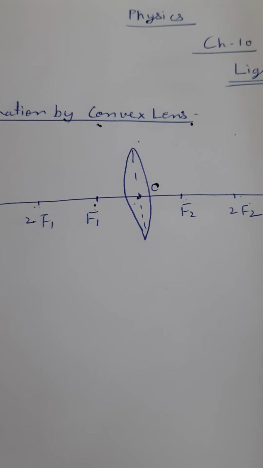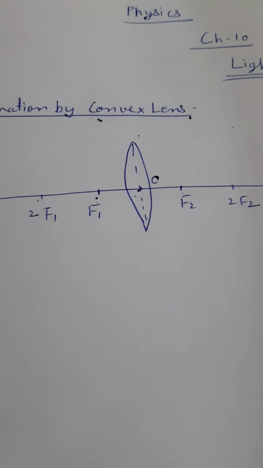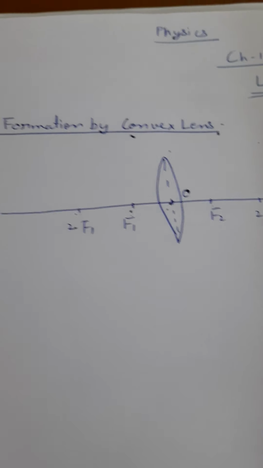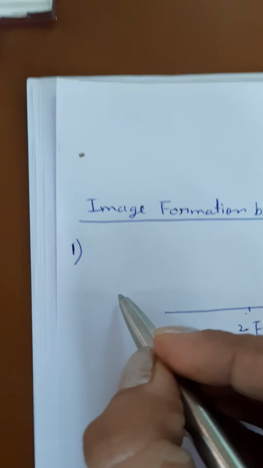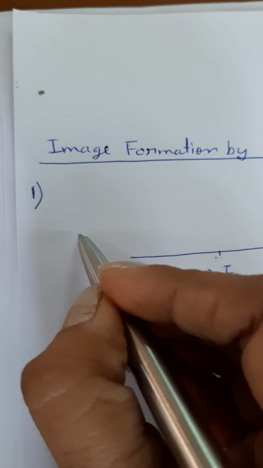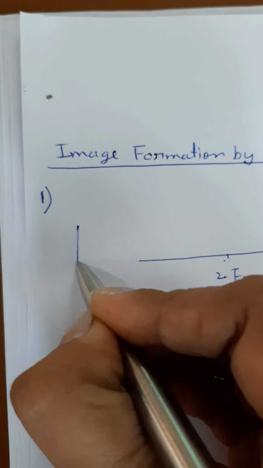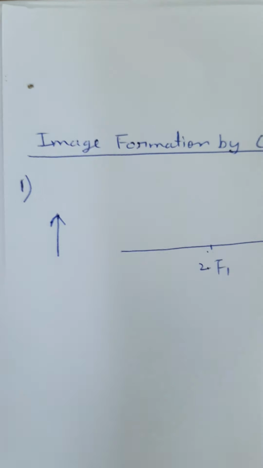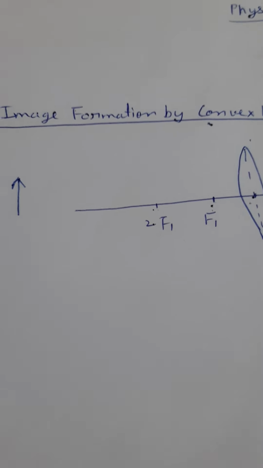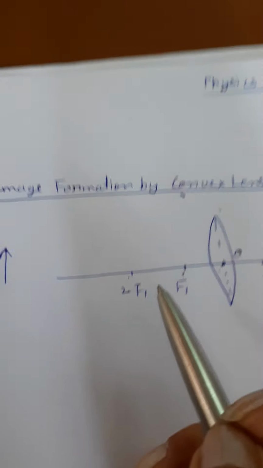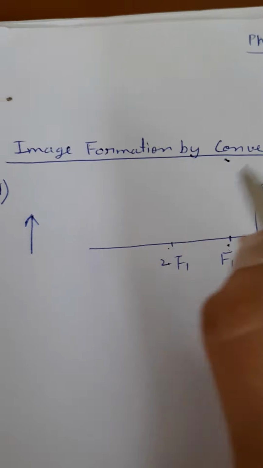Okay, so now suppose an object is kept, first case, at infinity. How we take the object, that we have discussed when we were talking about mirrors. Suppose an object is kept at infinity. So the rays we will consider are coming parallel to the principal axis.